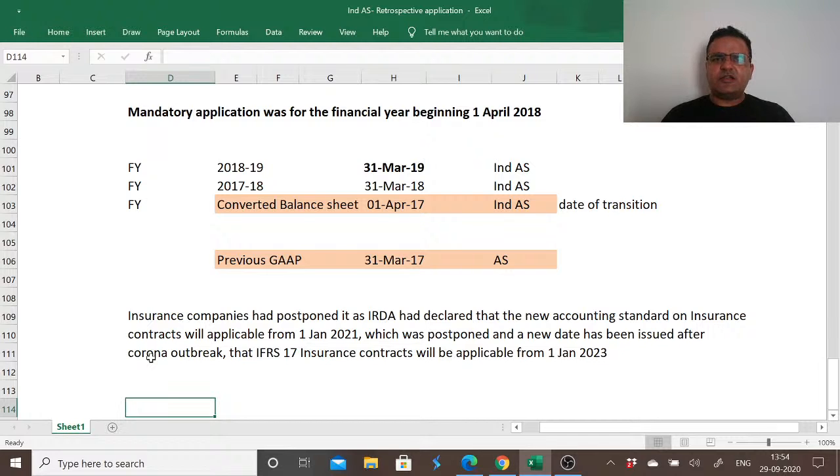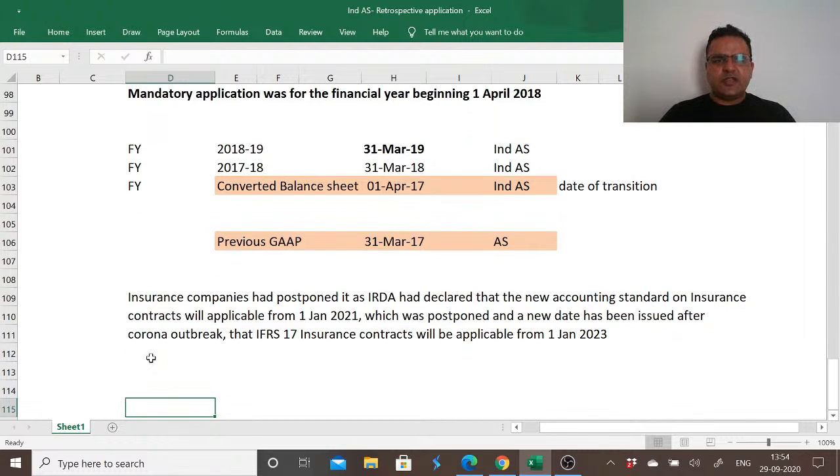Though they are publishing a note around Ind AS along with their AS financials as of today, they are not mandatorily required to publish Ind AS financial statements. Banks were also supposed to implement Ind AS from the financial year beginning 1st April 2018. Initially they postponed it with no date.